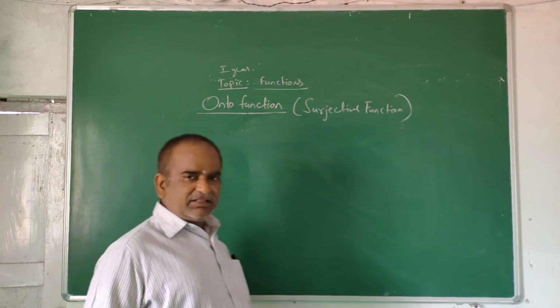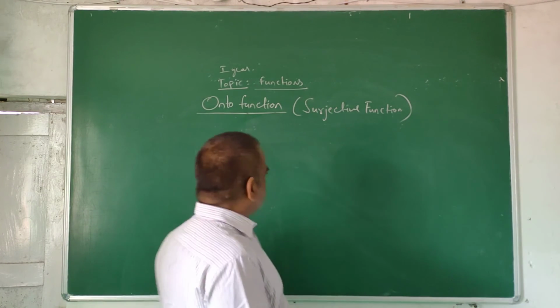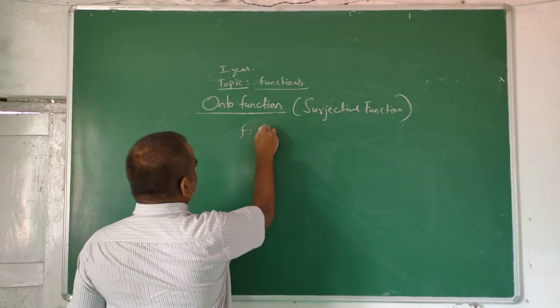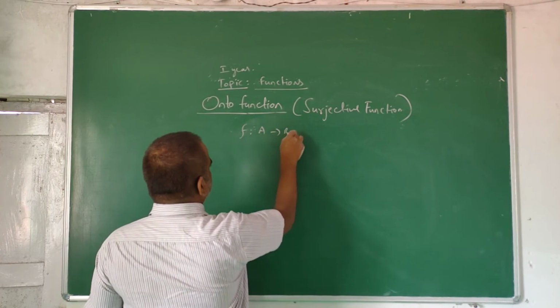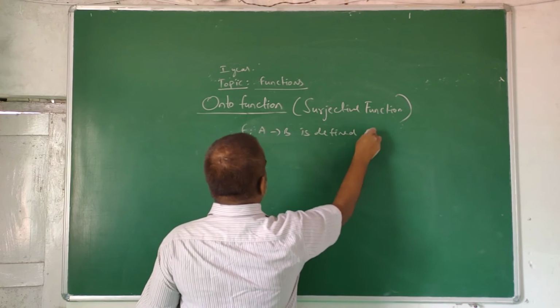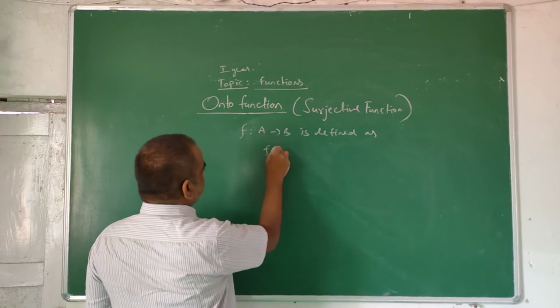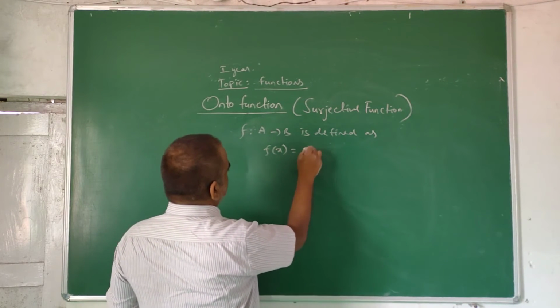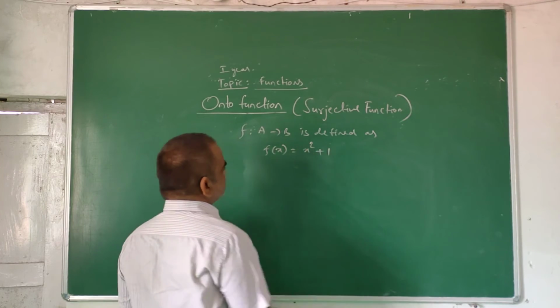See a small example, I am taking a small example. f maps A to B is defined as f of x is equal to x square plus 1.